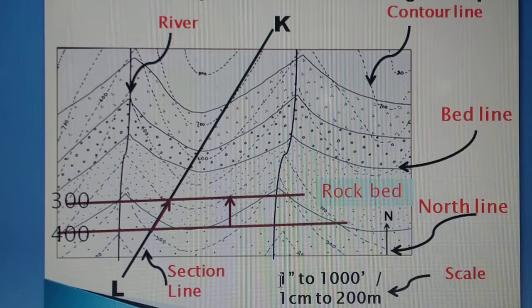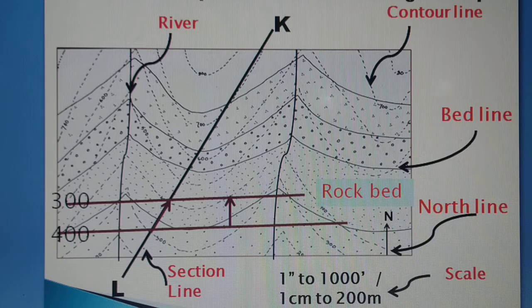If it is 1 inch to 1000 feet, that means on the given map 1 inch of map distance represents 1000 feet, and this scale represents the horizontal as well as the vertical scale. It may sometimes be 1 cm to 200 meter also.